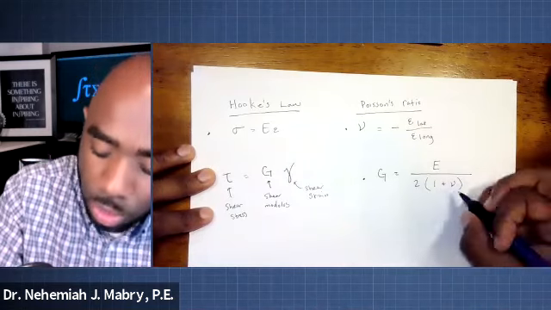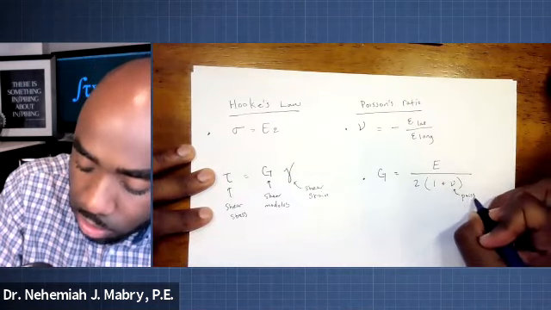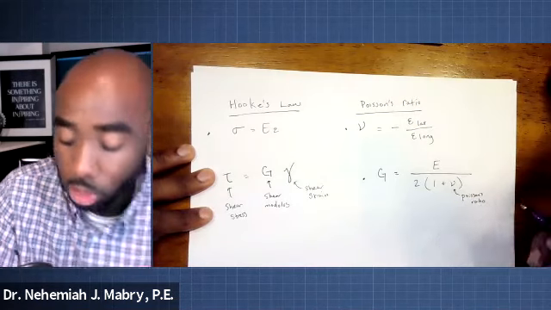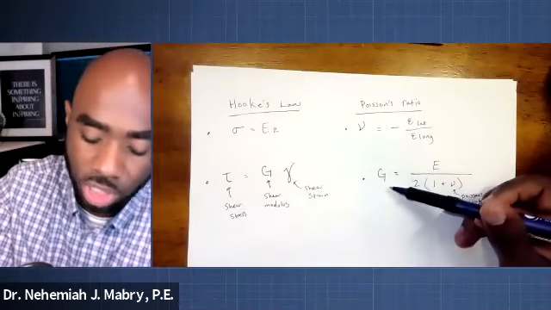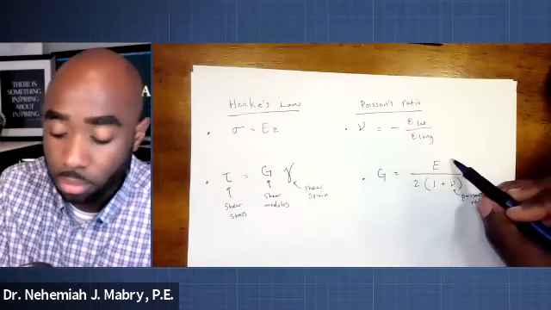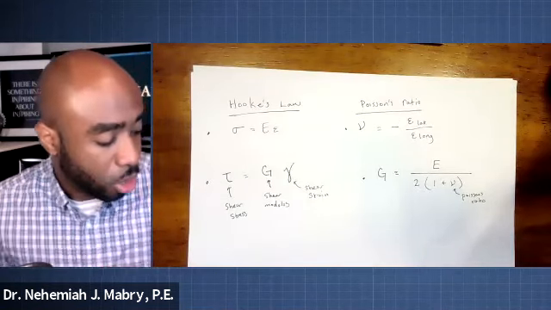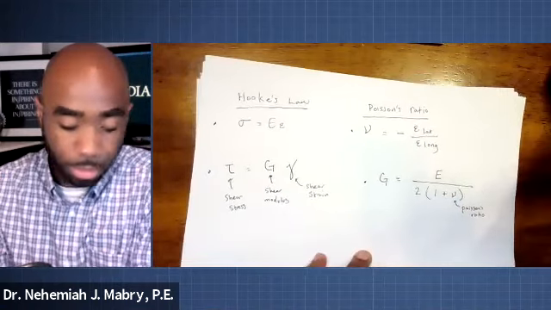What is mu? Mu is Poisson's ratio. So Poisson's ratio is the key that unlocks the relationship between your shear modulus and your normal elastic modulus. Make sense? Cool. All right, so we're going to do one more example that's going to tie all this together.